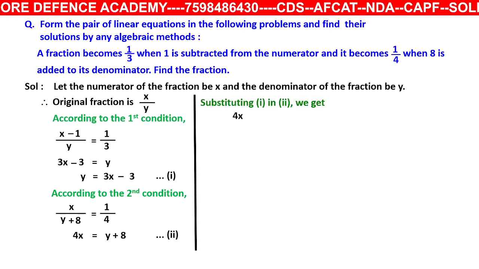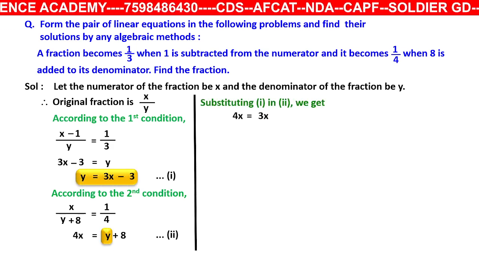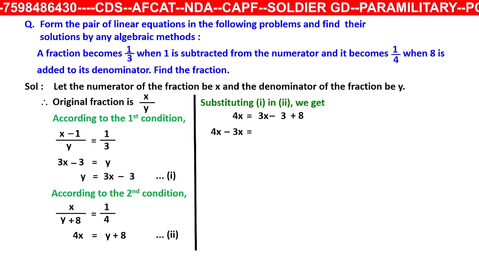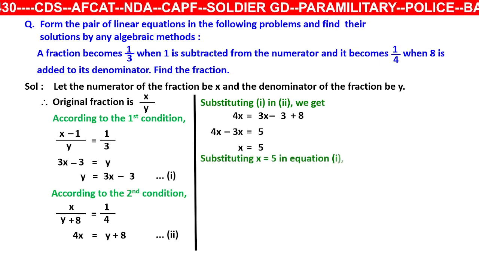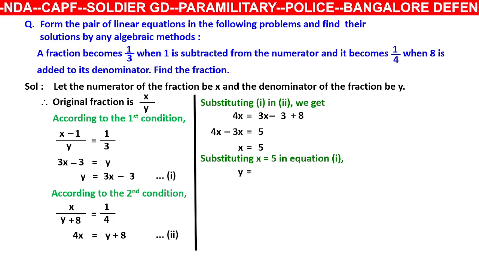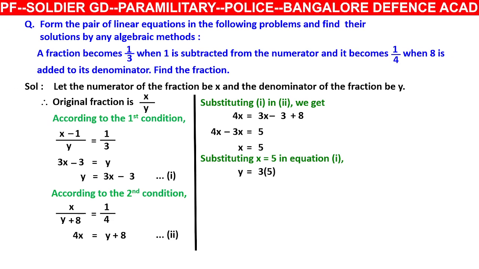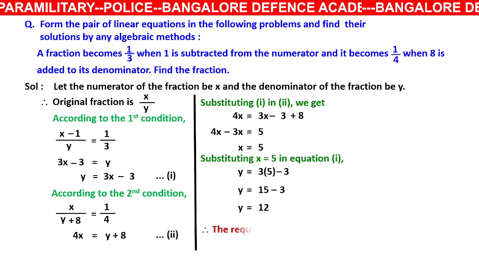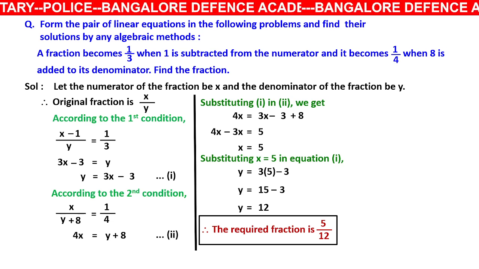Now I already have the value of y, so I directly substitute here. So 3x minus 3 plus 8. Here it becomes 4x minus 3x is equal to minus 3 plus 8. So x is equal to 5. Once you get the value of x is equal to 5, you have to substitute that value in y. So y is equal to 15 minus 3, that is equal to 12. So here the required fraction is 5 by 12.